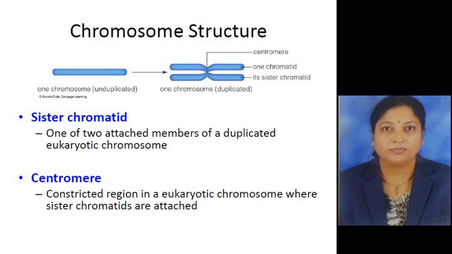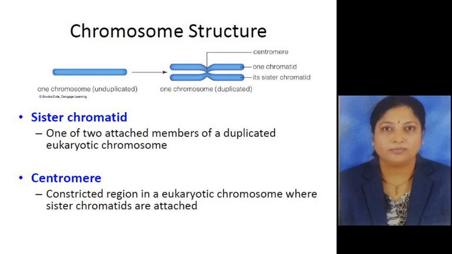In the center, the centromere is present, with one arm, that is one chromatid, and next the sister chromatid. Sister chromatids refer to the identical copies formed by the DNA replication of a chromosome, with both copies joined together by a common centromere.